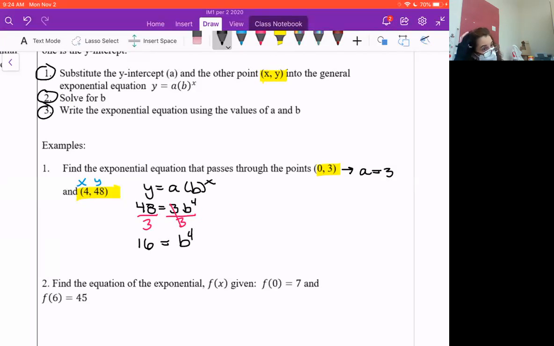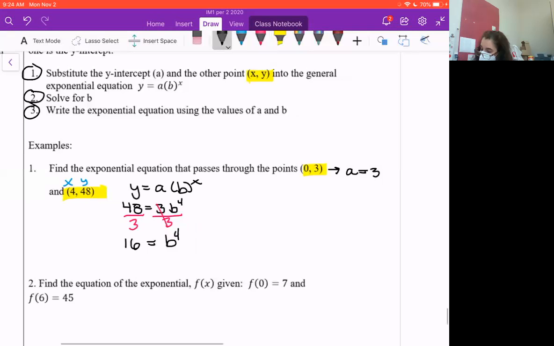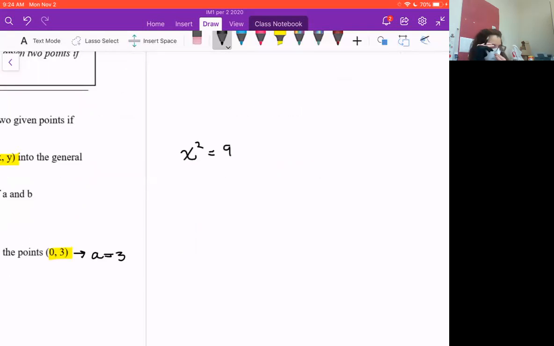Which brings us to, how do you undo an exponent? That is a very good question. You guys know how to do this when you have, for example, a square. If I say x squared is 9, how do you undo the square?